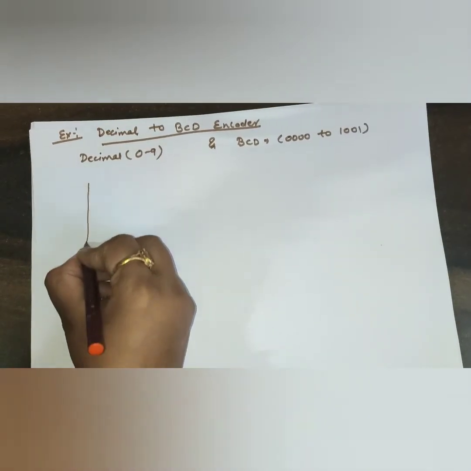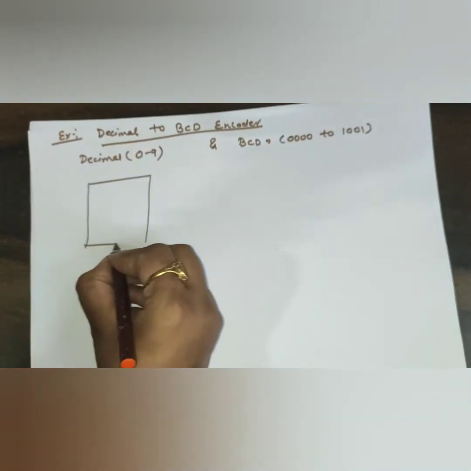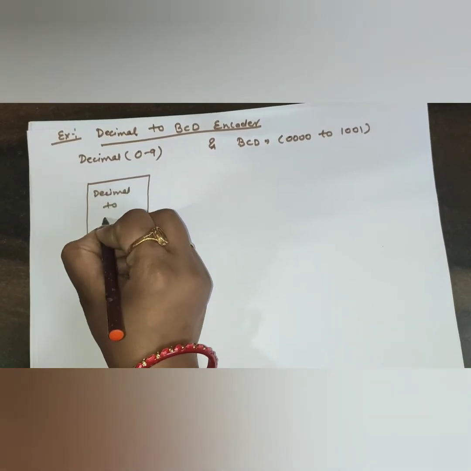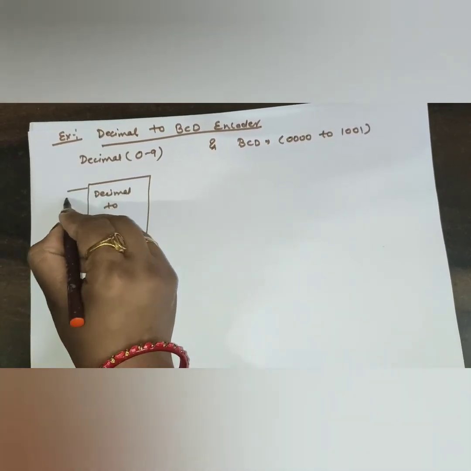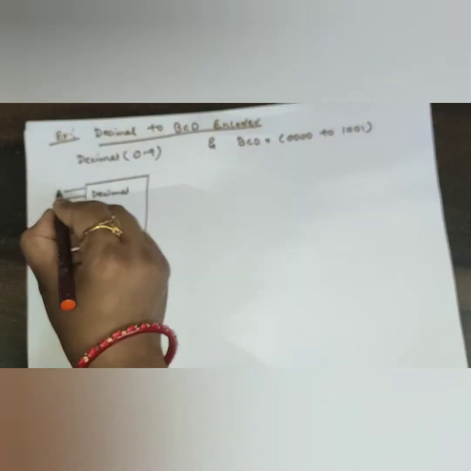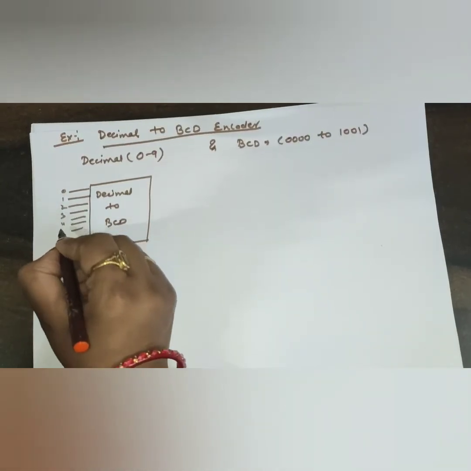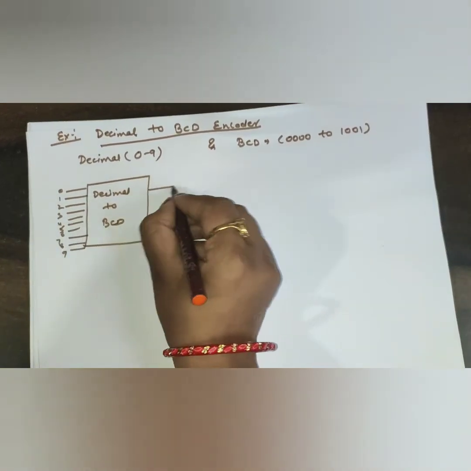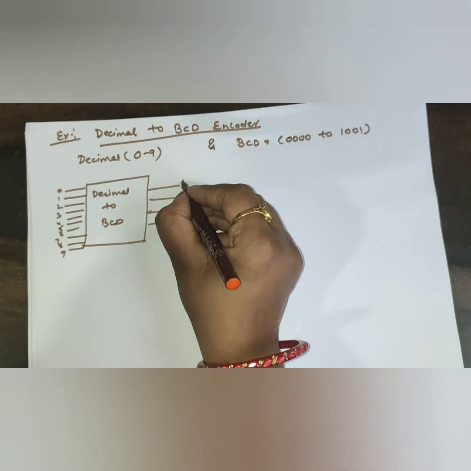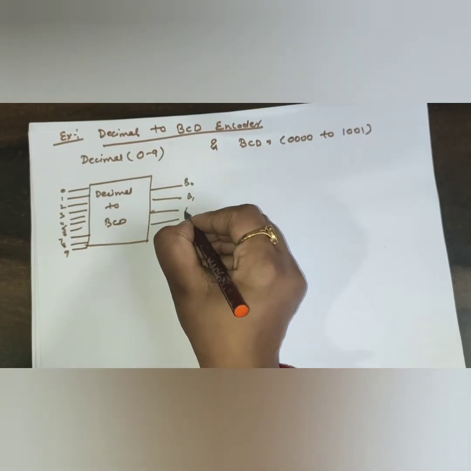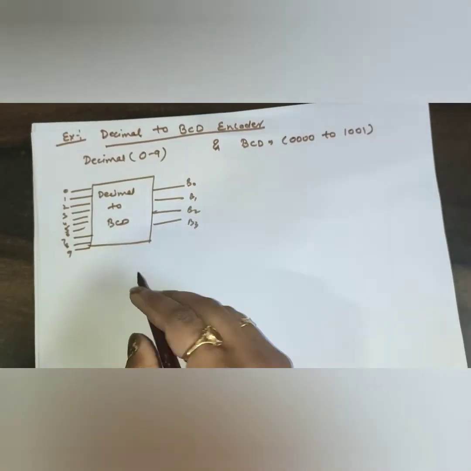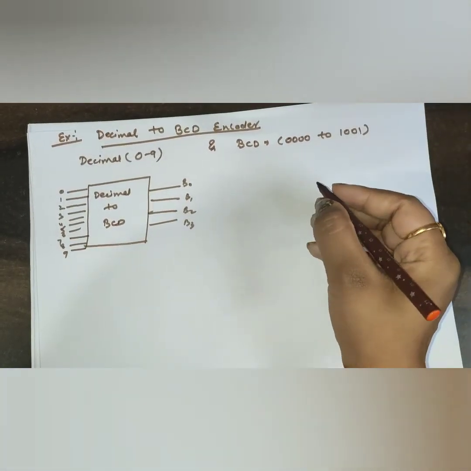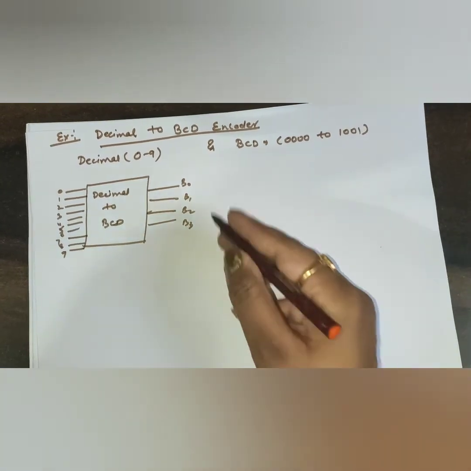So here we can make a circuit like decimal to BCD, 0 1 2 3 4 5 6 7 8 9, and BCD will be like this, B0, B1, B2 and B3. So it will be 10-4 encoder. Okay, where 10 is input, 0 to 9, 10 inputs and 4 outputs.